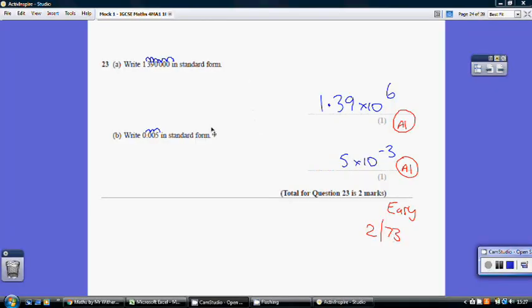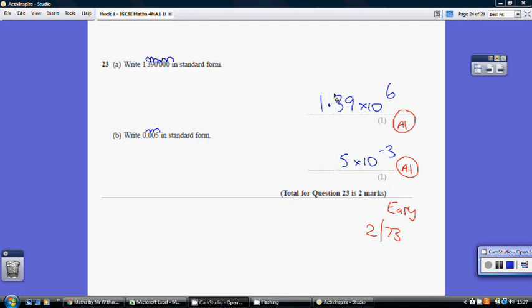Question 23. Both of these numbers have to be written in standard form. Now remember the rules for this. The first number must be between 1 and 10, and then it's times 10 to the power of something. So first number first. We need to start off having a number between 1 and 10. So the decimal point would have to be between the 1 and the 3.